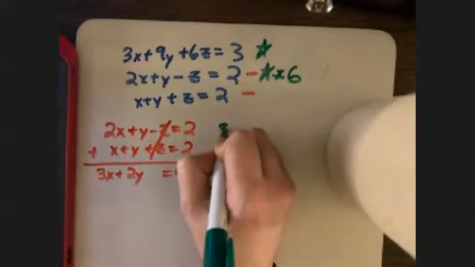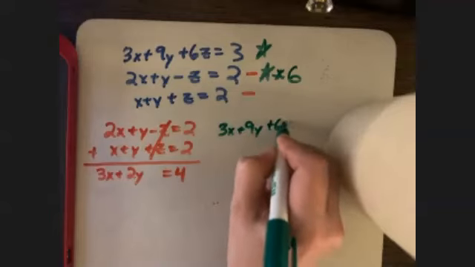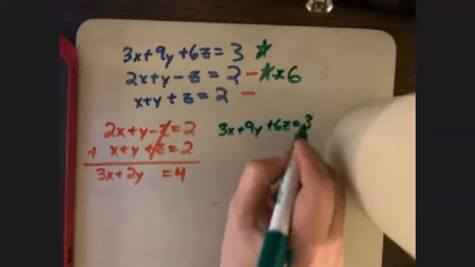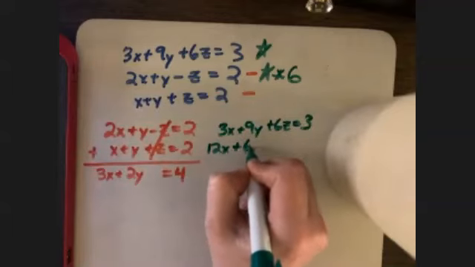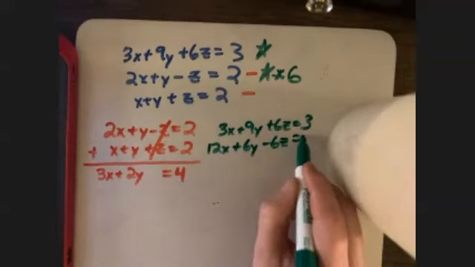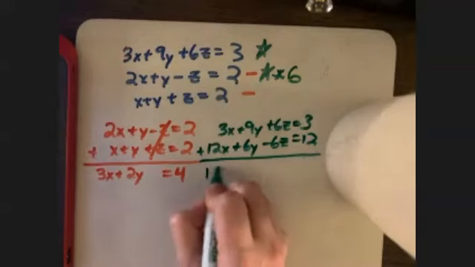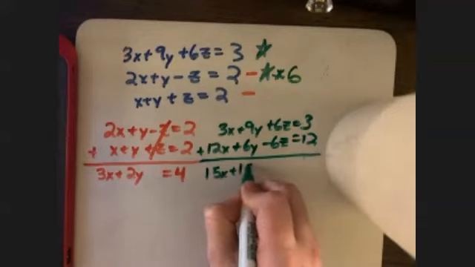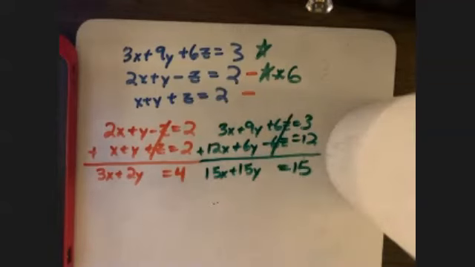So my top line is 3x plus 9y plus 6z equals 3, and then multiplying by 6, that's going to give me 12x plus 6y minus 6z equals 12. And we're going to add these up. So I've got 15x, 15y, those are going to go away, equals 15.